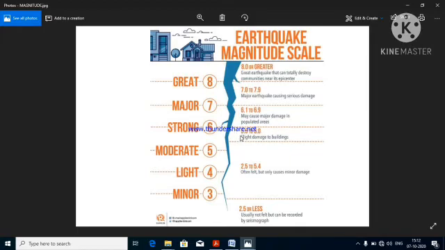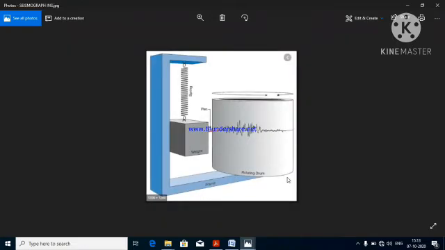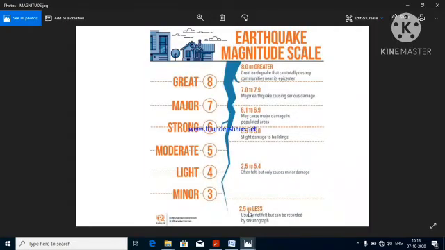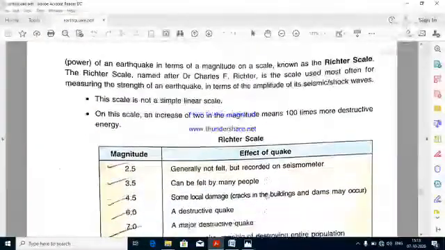If its range is 5.5 to 6.0, slight damage to buildings. If it is 2.5 to 5.4, often felt but only causes minor damage. If it is 2.5 or less, usually not felt but can be recorded by a seismograph.